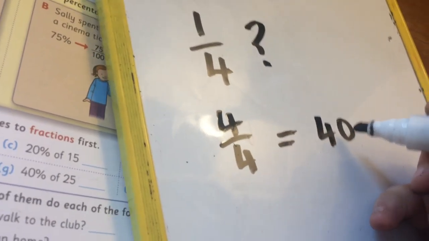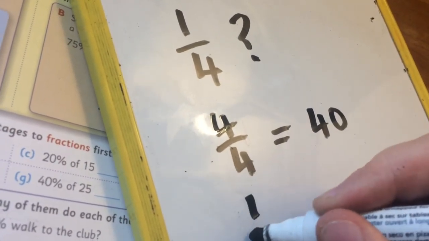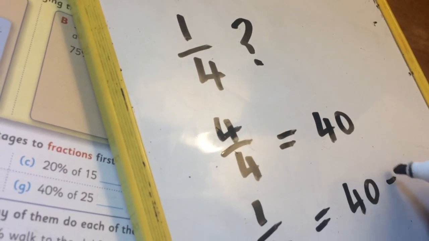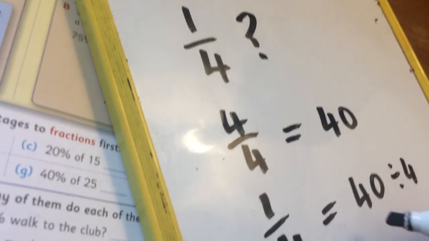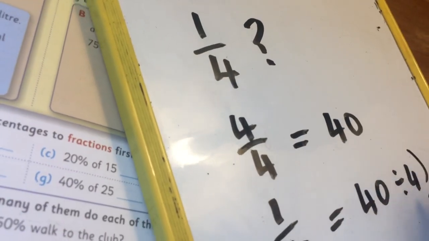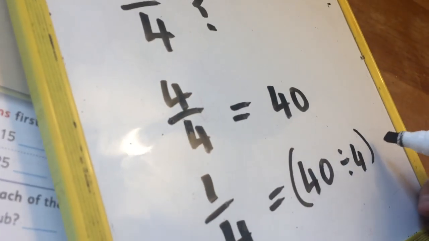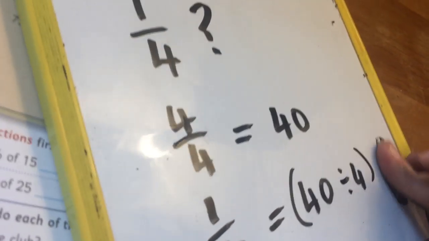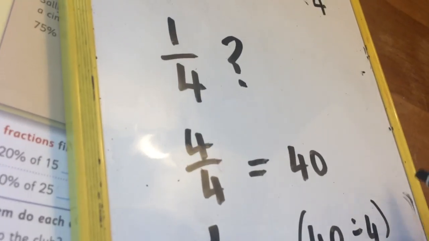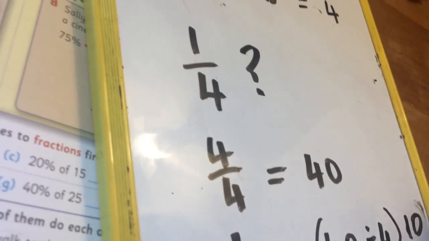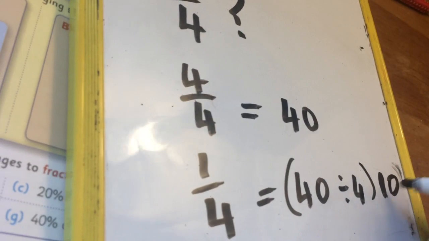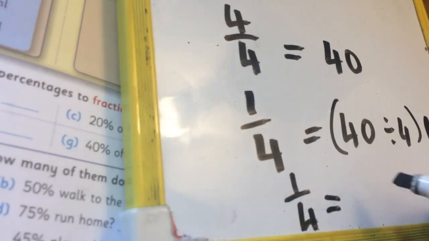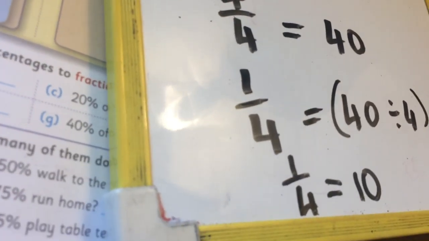So 1/4 would be equal to 40 divided by 4, and the answer is 10. 40 divided by 4 is 10. So 1/4 of the children cycle to the club, and that is 10 of the children.